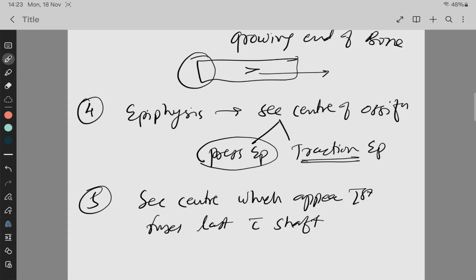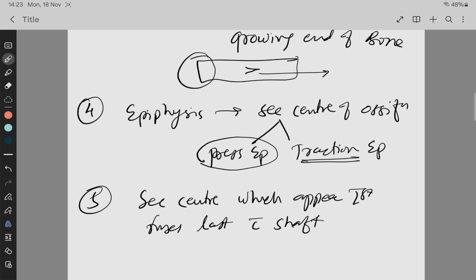That is, so lower end of the fibula, the secondary center for the upper end appears later, but the secondary center of the lower end which appears first fuses earlier with the shaft of the fibula. That is where it is the exception.